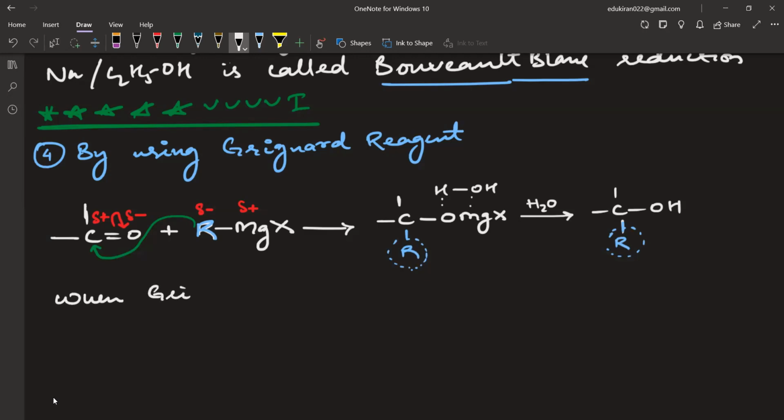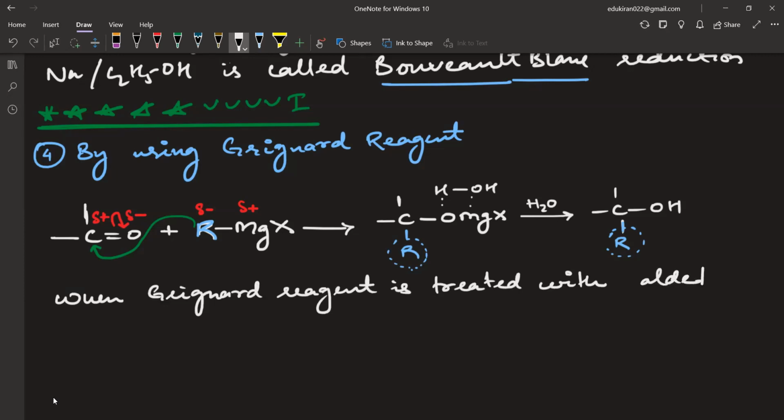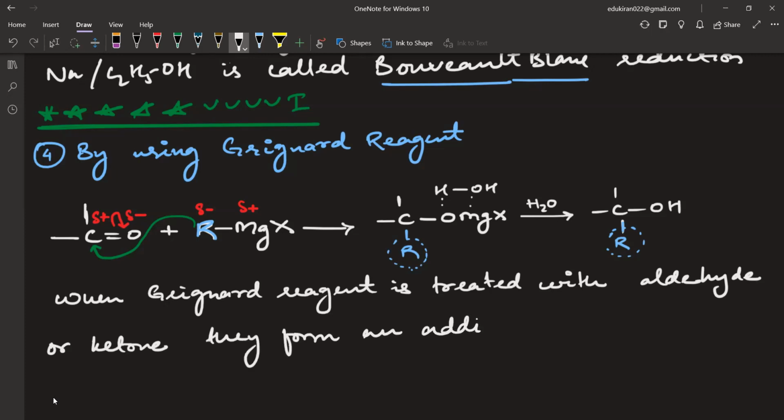When Grignard reagent is treated with aldehyde or ketone, they form an addition product.